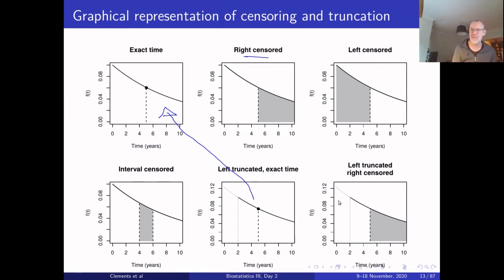We could also have left truncated and right censored. So they entered at 2 years, and then at 5 years they were censored, and they did not have the event. Again, this is very similar, except that the probability density function is scaled up, because we essentially ignore this area and we ignore this area.